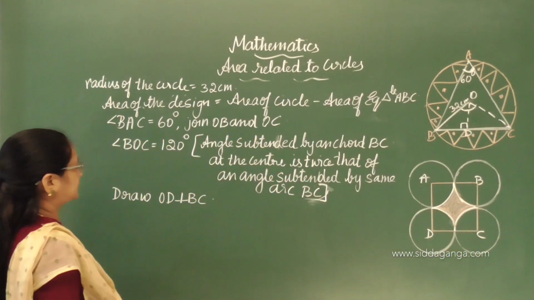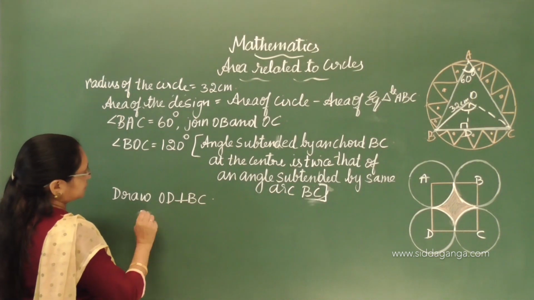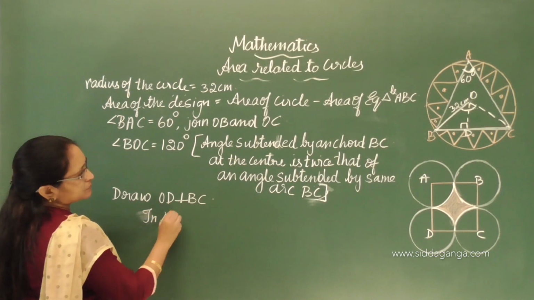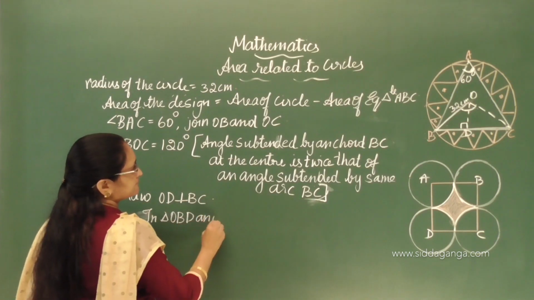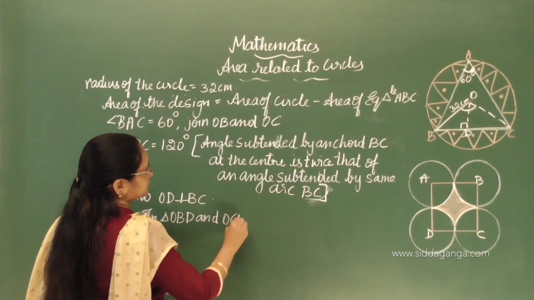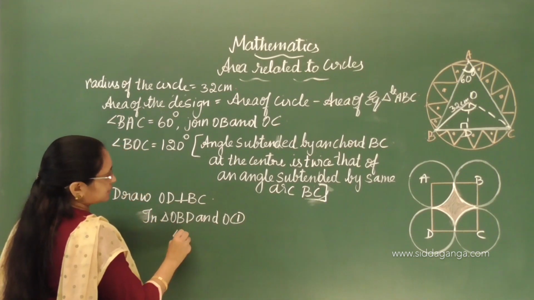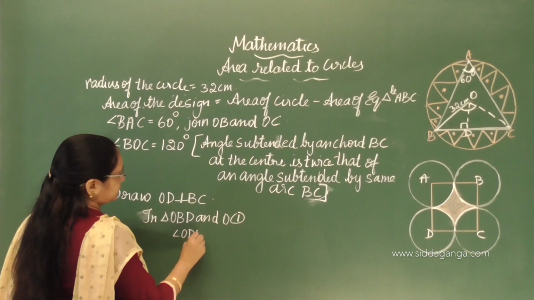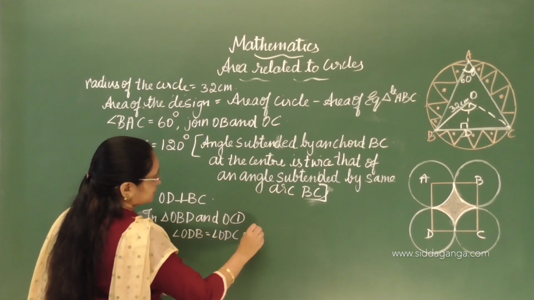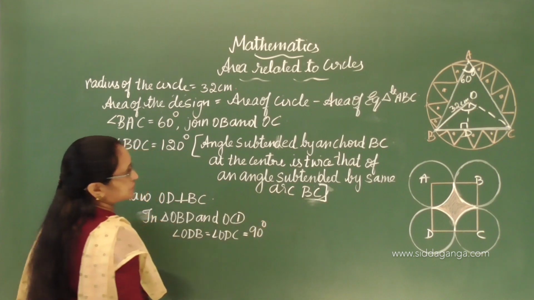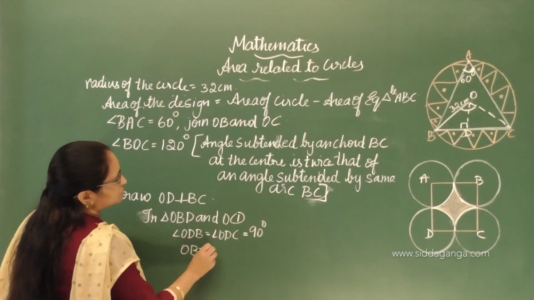So when it is 90 degree, in triangle OBD and OCD, let us write angle ODB is equal to angle ODC. Why? Because it is 90 degree, right angle triangle, and OB is equal to OC.